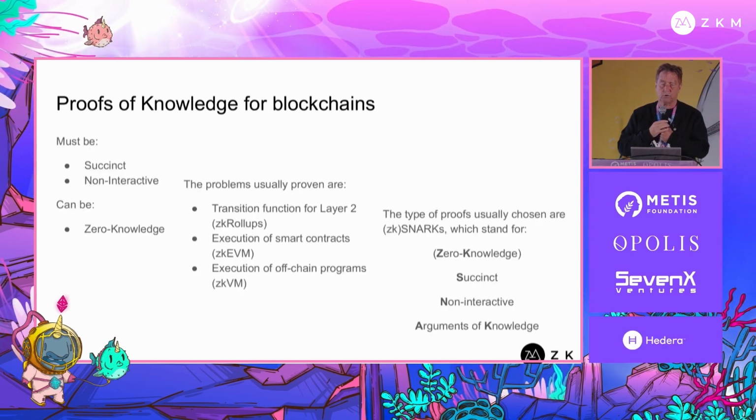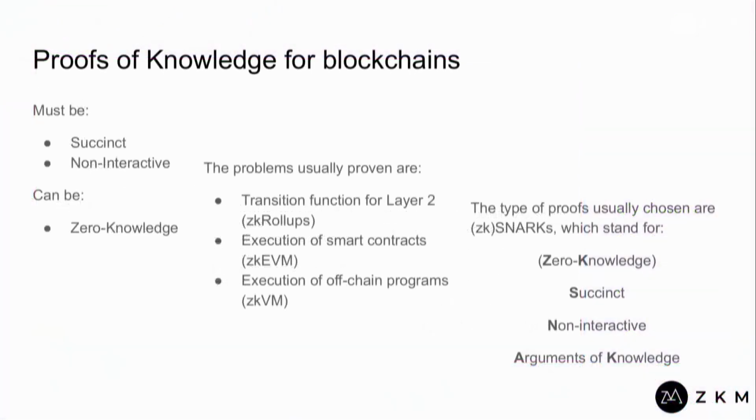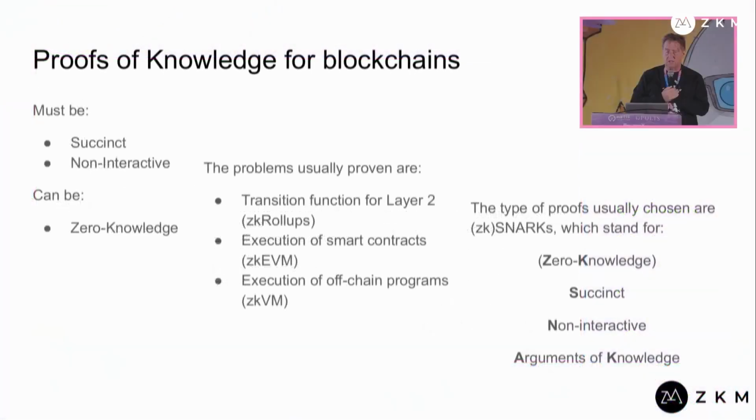Now, in the context of blockchains, these proofs of knowledge should be succinct. As I said, they should be non-interactive. We want to avoid interaction between the prover and the verifier for a couple of reasons. And they can be zero knowledge. So they can provide privacy, but they don't have to provide privacy.